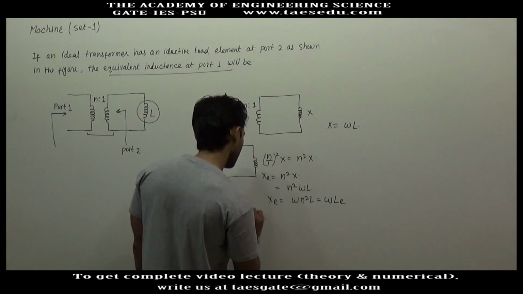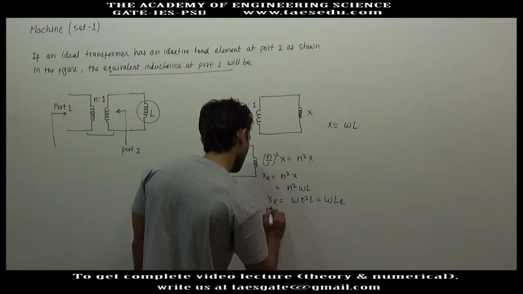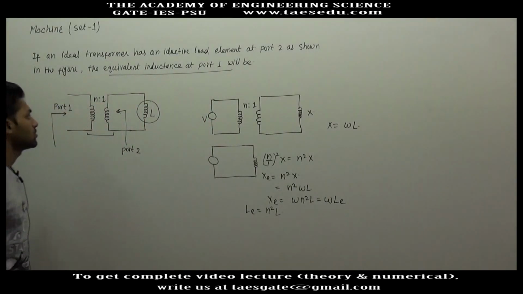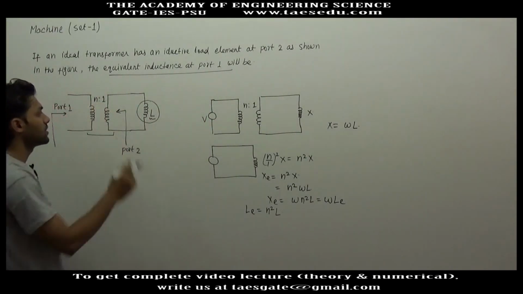Now if you compare, we will get L equivalent is equal to n square into inductance. So inductance will increase according to the turn ratio.